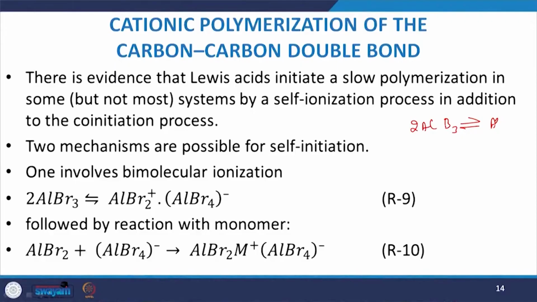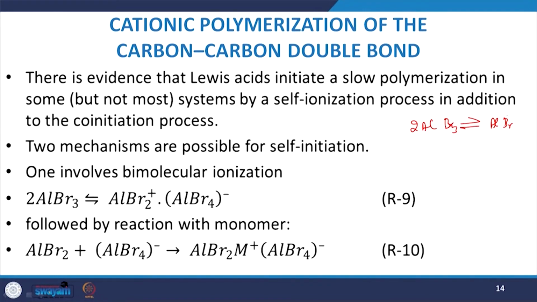Now, the self-ionization process is again very important in cationic polymerization. People have suggested two mechanisms for the self-initiation. One involves bimolecular ionization, represented as twice AlBr3 giving AlBr2 plus and AlBr4 minus.